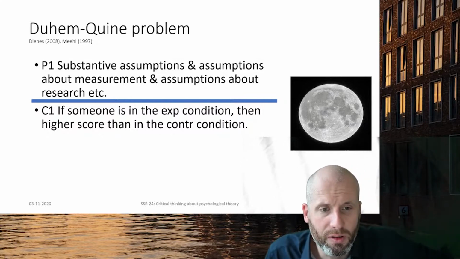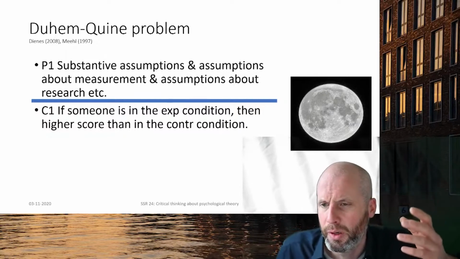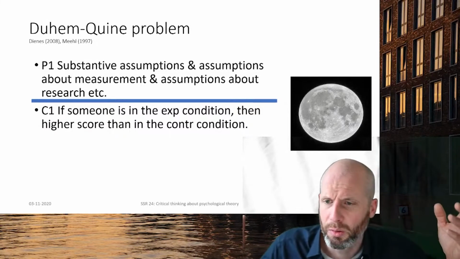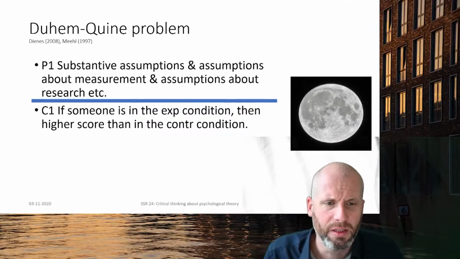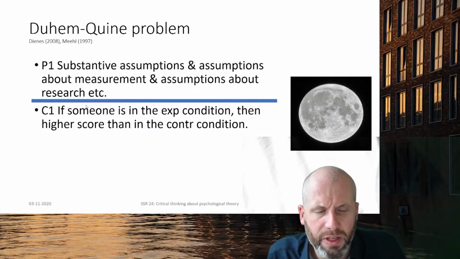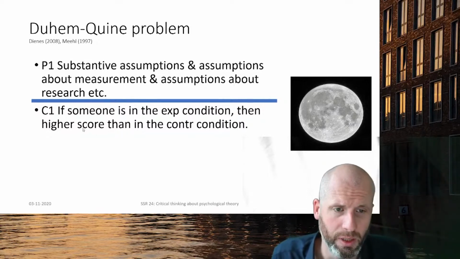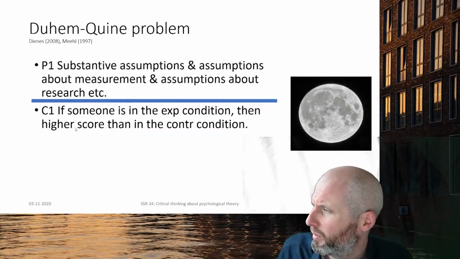If those predictions are falsified, it's still unclear which exactly isn't true. Is it your theory or your measurement or the local circumstances? So falsification of your prediction doesn't necessarily mean that your theory isn't true, as Popper would have liked us to believe originally.